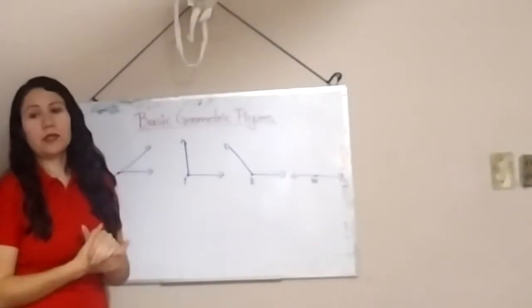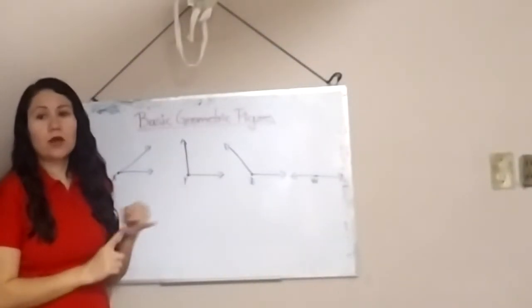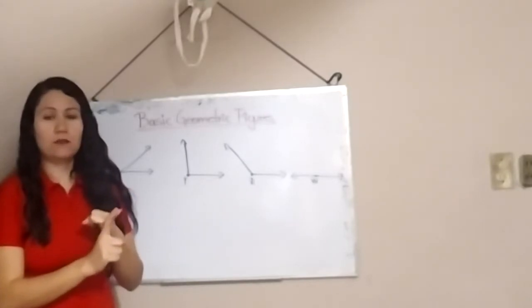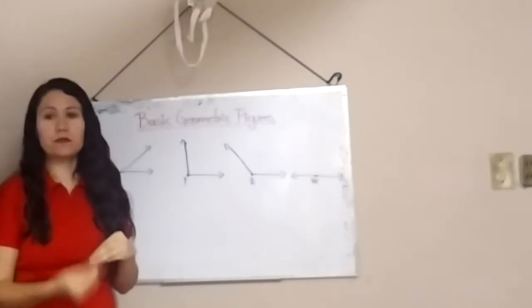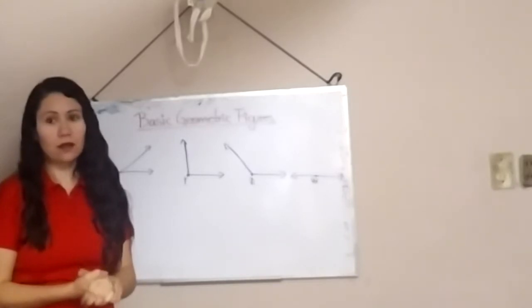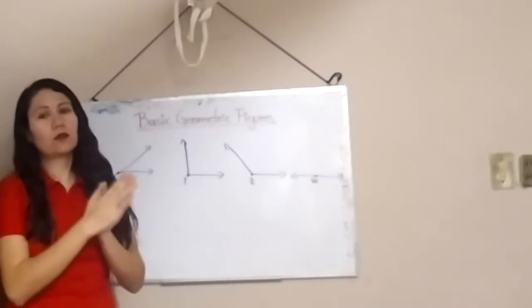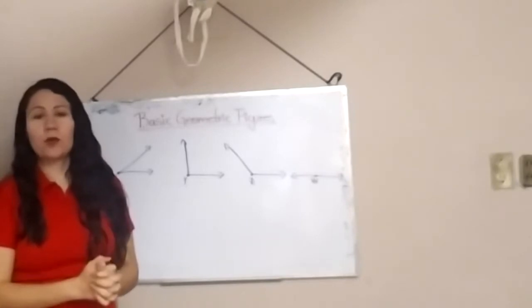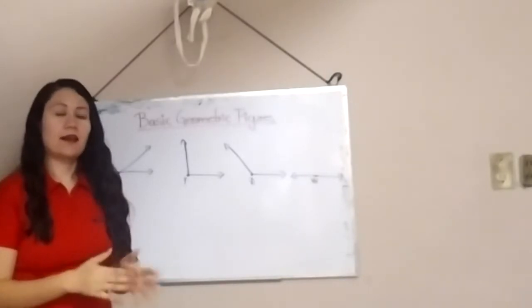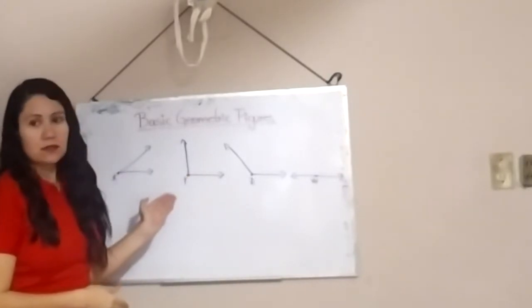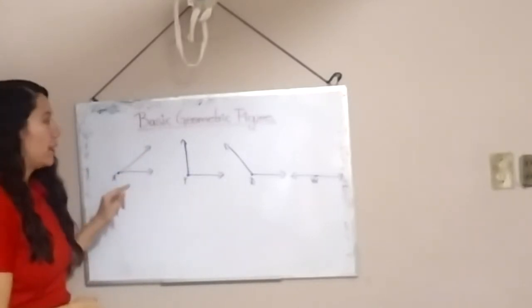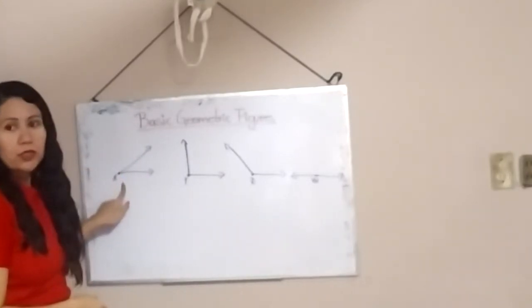Now remember that we established that rays and segments are very important because most of the figures that we are going to study are formed either by rays or by segments. We will begin to study angles. Angles are formed by rays. They are formed by 2 rays that have a common endpoint.